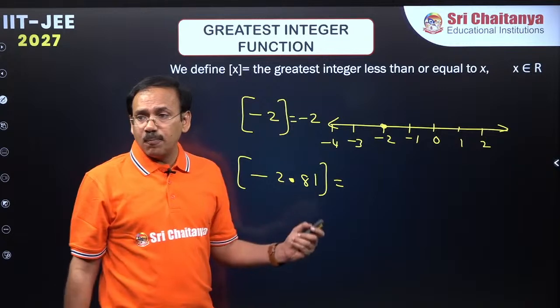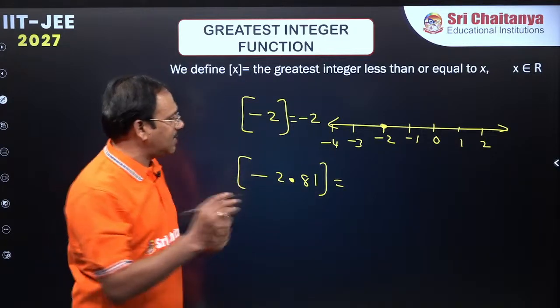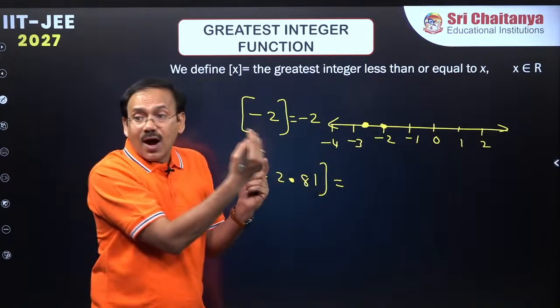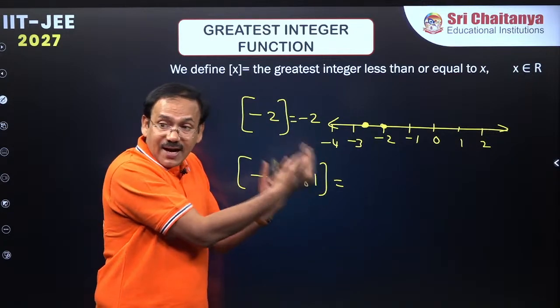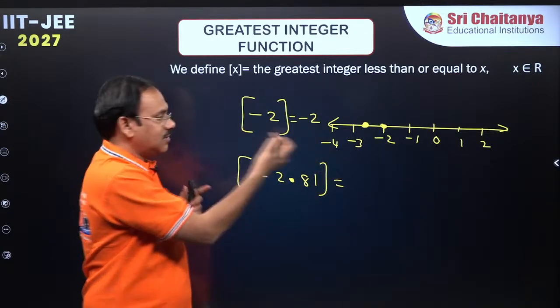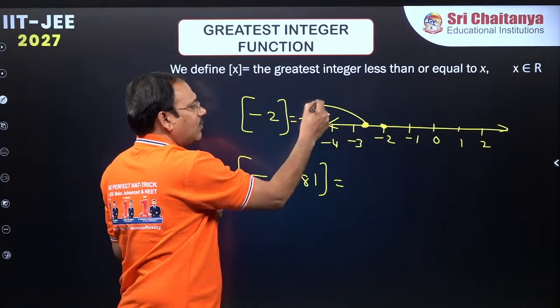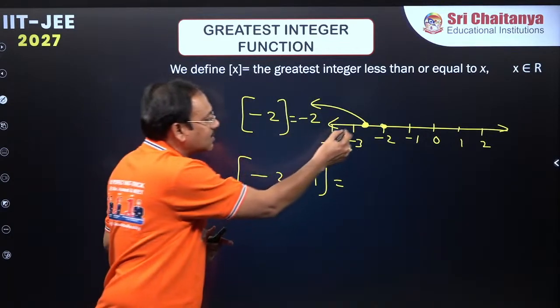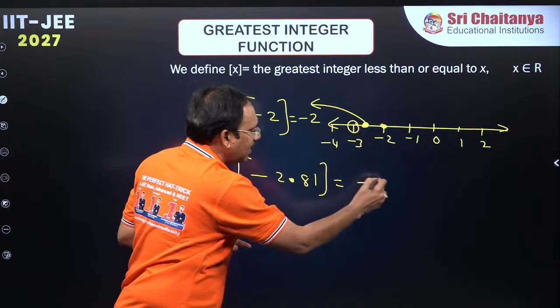So minus 2.81, please see here, minus 2.81 will be here. What is the greatest integer less than or equal to this? The numbers just before it would be minus 3, minus 4, minus 5. Among them the greatest is minus 3.